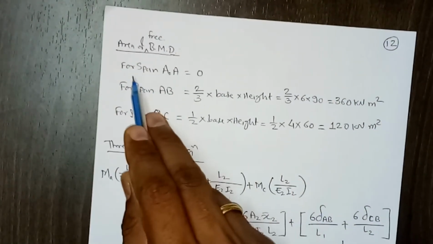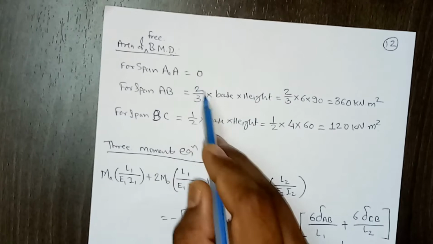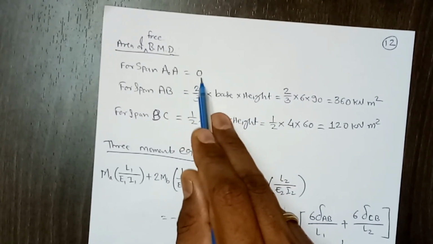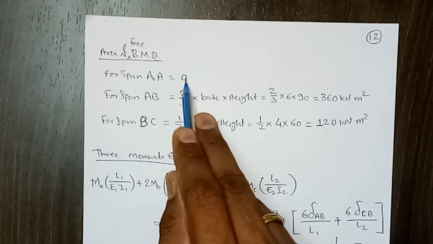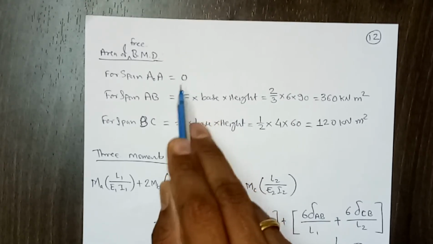Now for A0 A there is no bending moment, so the area of this free bending moment diagram on the A0 A span will be 0.